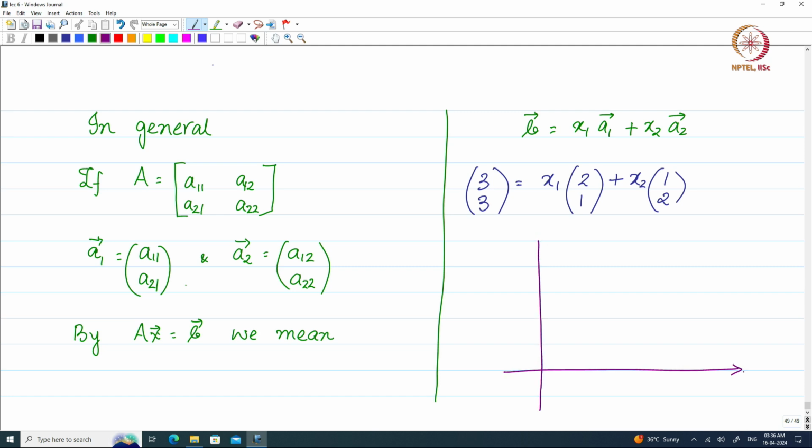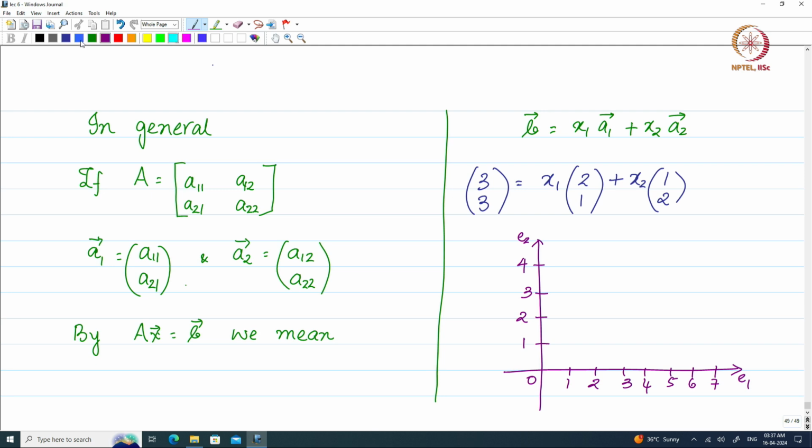So let me call this the E1 axis and this the E2 axis, or the x1 x2 axis. Now let me mark these points 1 2 3 4 5 6 7 and 1 2 3 4.